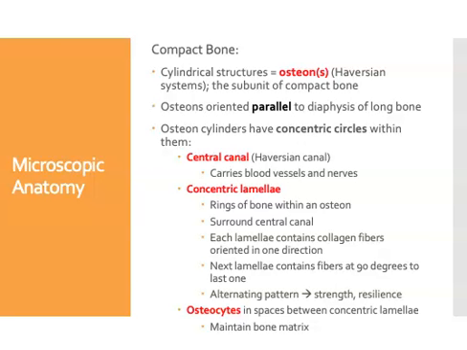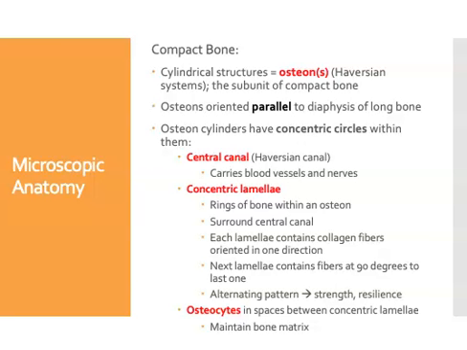The older terminology for these was Haversian systems, but in my experience, the term osteon has replaced that in most source material. So it's the osteon that is considered the subunit of compact bone. And when you look at compact bone, there's several or many osteons all joined together.